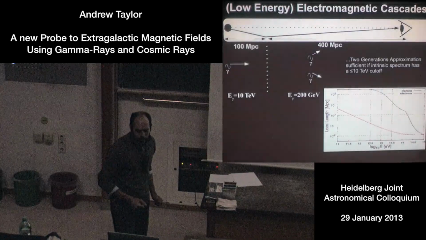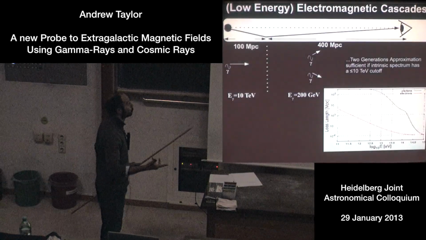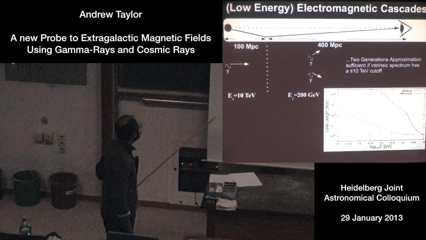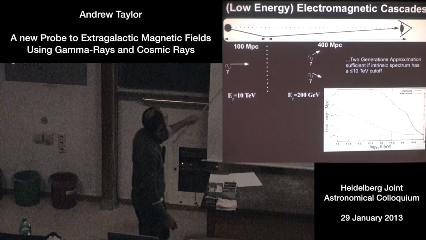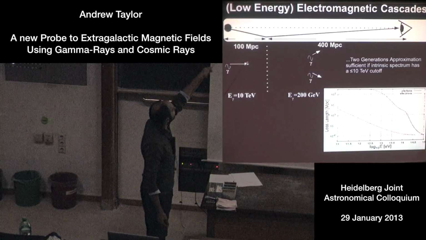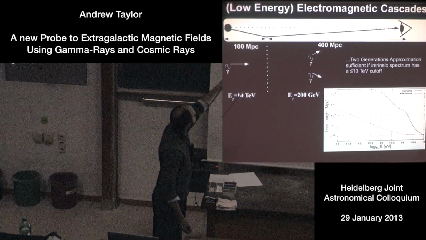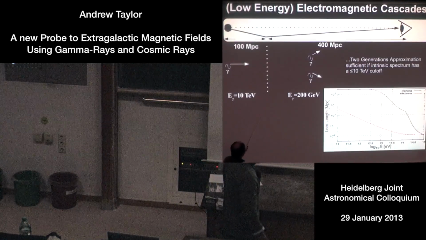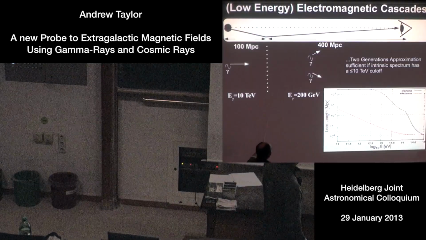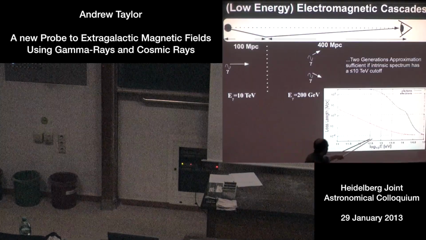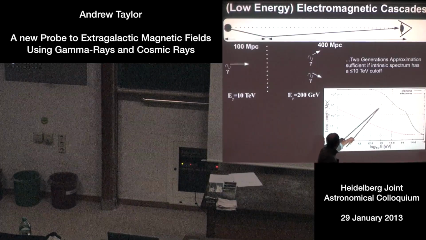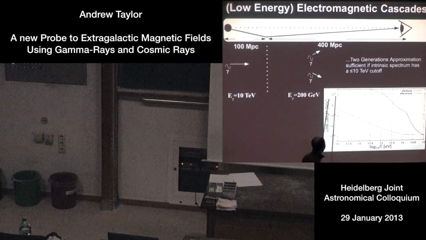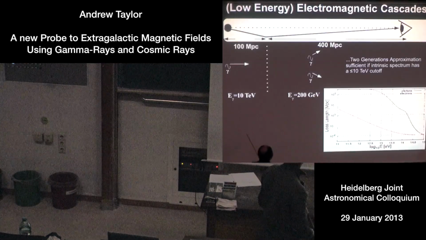Right, so that's a lot of cascade physics I've just given you, but you don't really need all of that. What's really relevant is much simpler. If we start off with our 10 TeV photon coming from our blazar, it's going to interact, I've put here, of the order of 100 megaparsecs or so, to make our pairs. The pairs then cool very quickly. You can read off here, so if we're sitting at 10 TeV, and we made pairs within a rough 100 megaparsecs or so, those pairs cool within, let's say, 0.1 megaparsec.